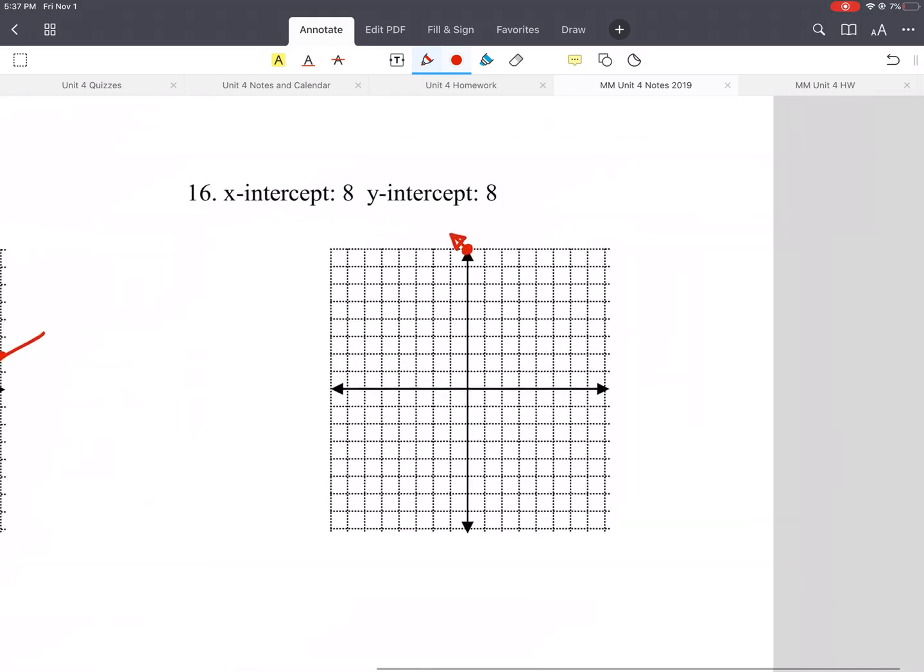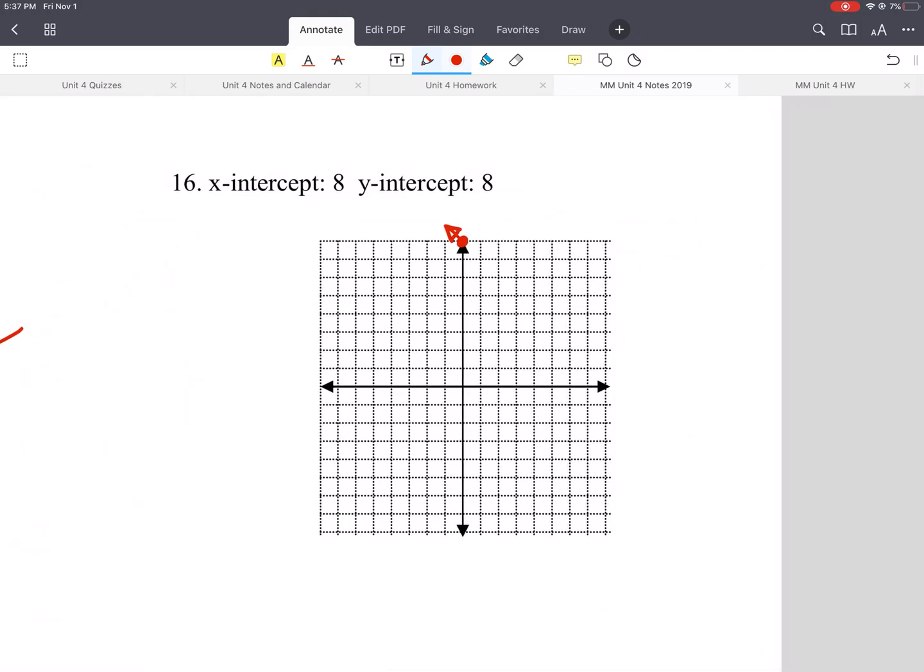Okay, here's another one. Looks like I didn't erase this very well. X-intercept would be 8, 0, and y-intercept would be 0, 8. We'll do a line straight through those 2 points.